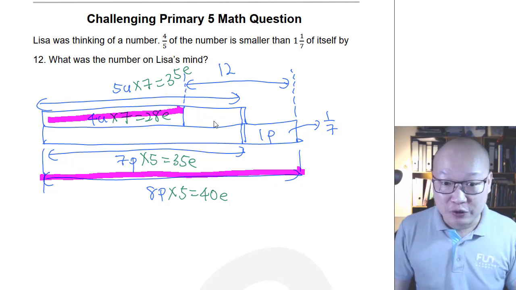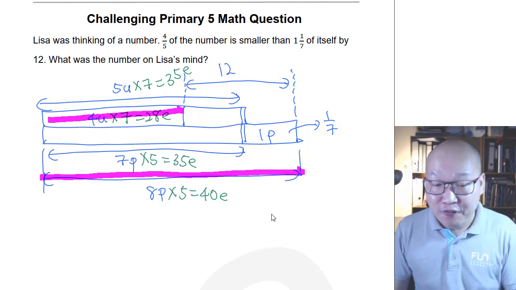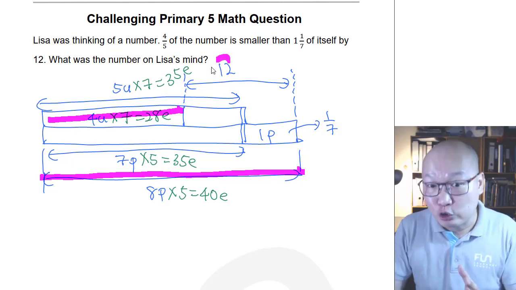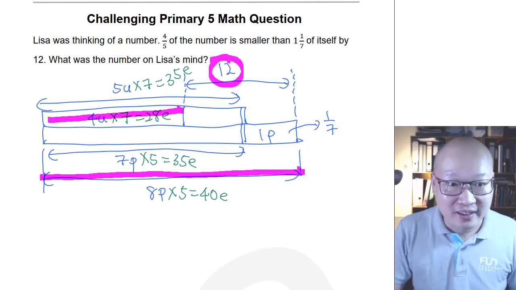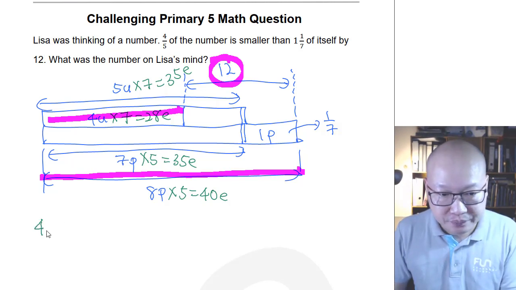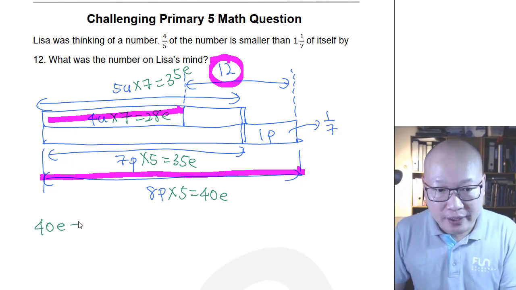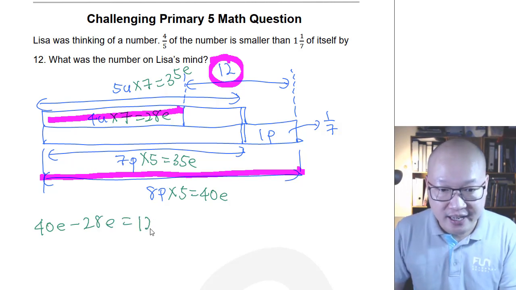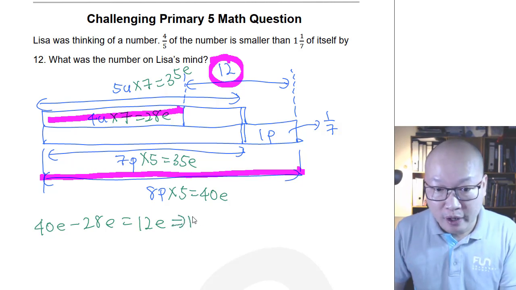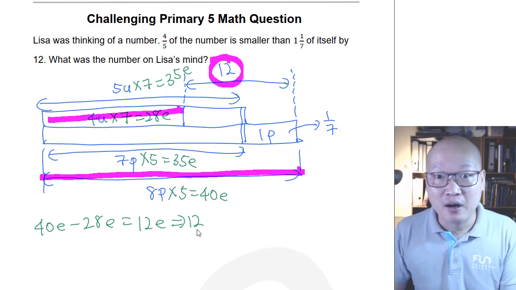So what we can do is find the difference in the number of sets here, and that will represent 12. So we take 40 sets and minus away 28 sets, that will give us 12 sets. And these 12 sets represent 12.